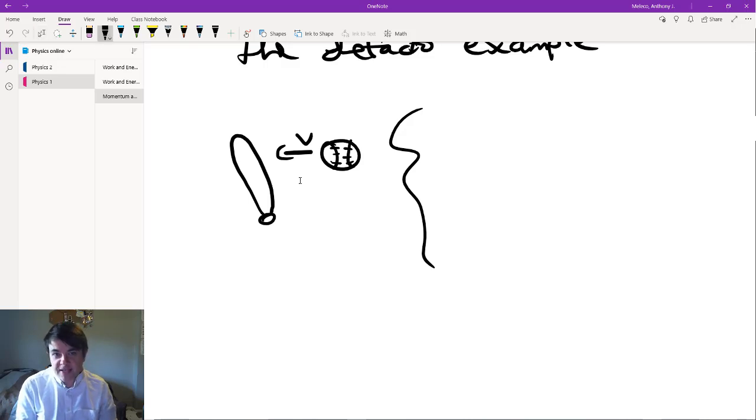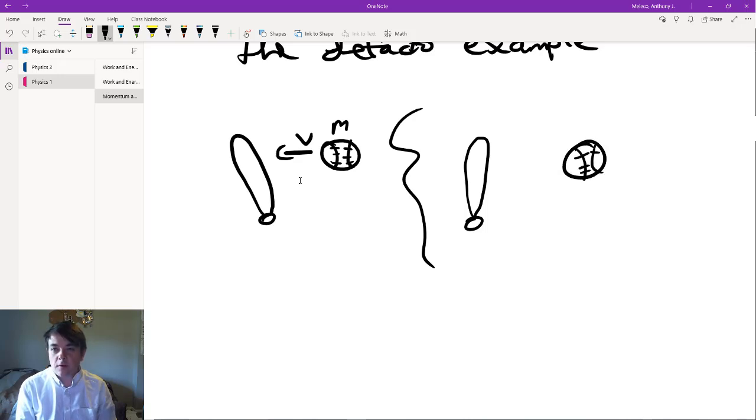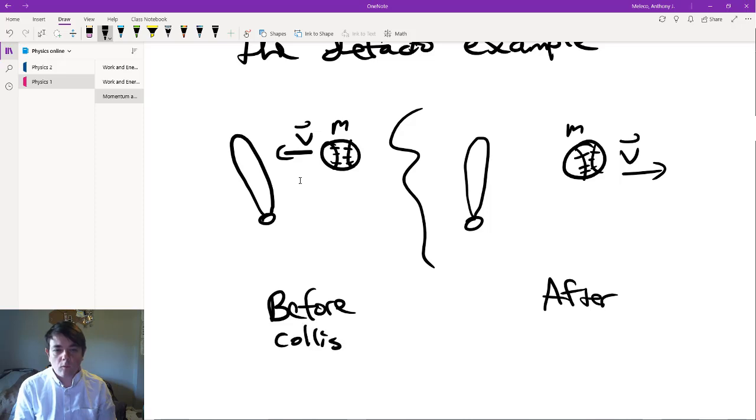But if you examine the momentum of the ball before the collision and the momentum of the ball after the collision, so before and after, you can get a lot of information about what occurred during the collision, or at least the parts you care about.